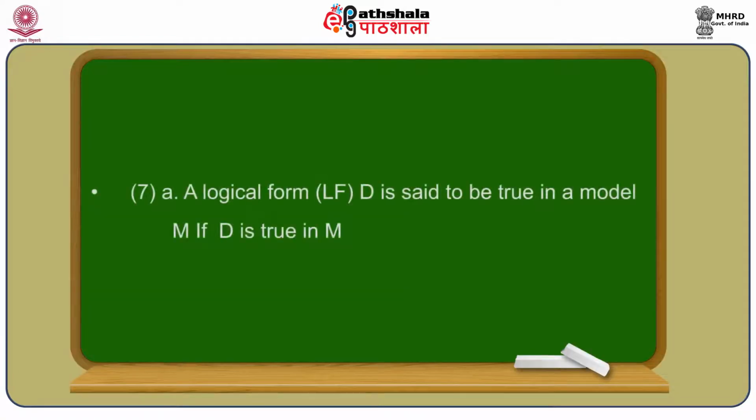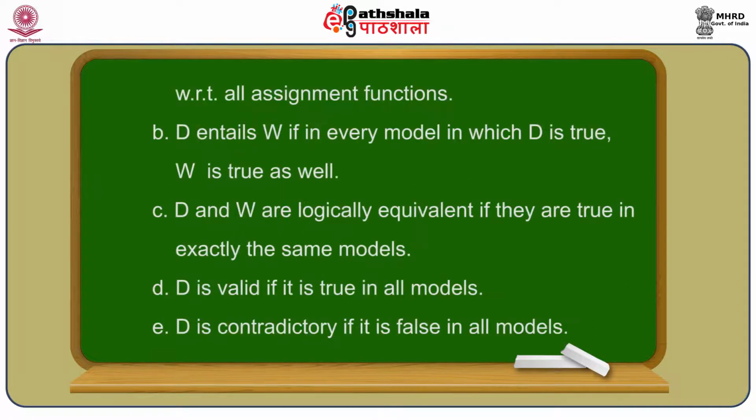A logical form delta is said to be true in a model M if and only if delta is true in M. Delta entails omega if and only if in every model in which delta is true, omega is true as well.